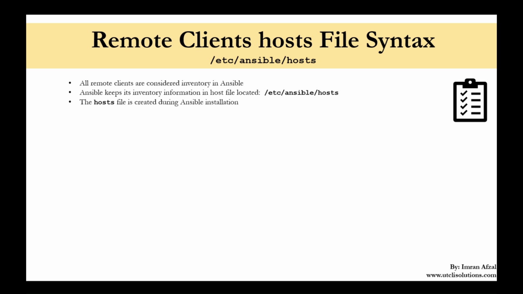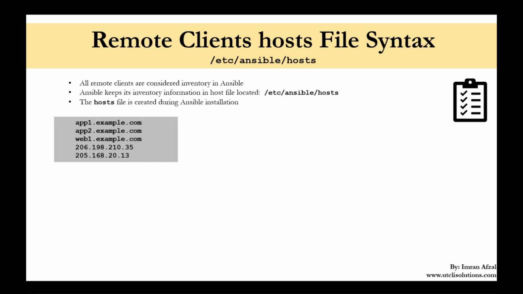All right, so now let's spend some time to understand how we could list our hosts or our remote clients inside the host file. As an example, if you cat the host file or vi the host file, you'll see the clients are listed either by the FQDN, which is fully qualified domain name, or with an IP address.